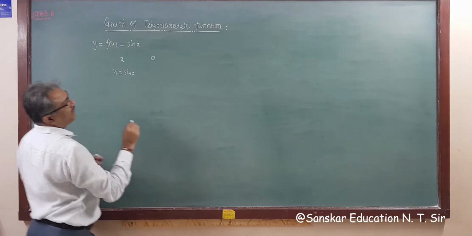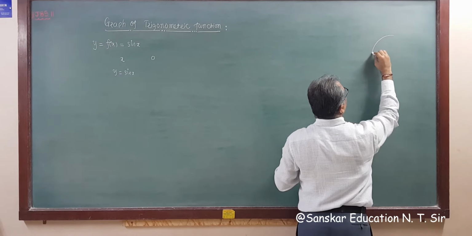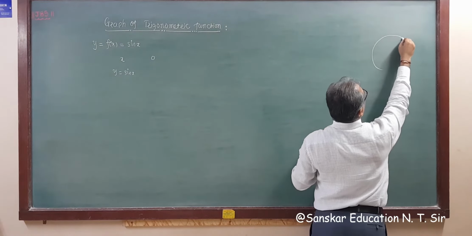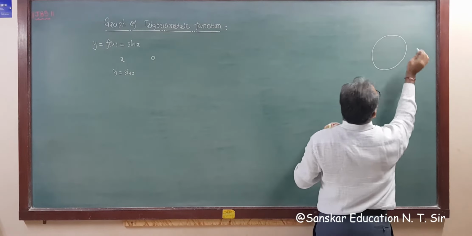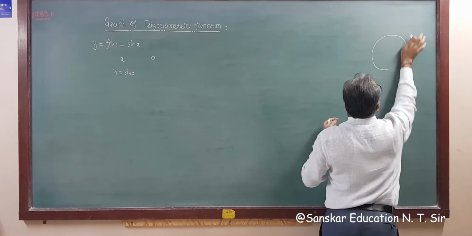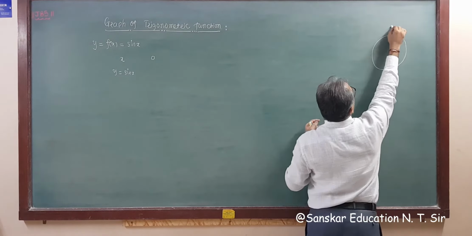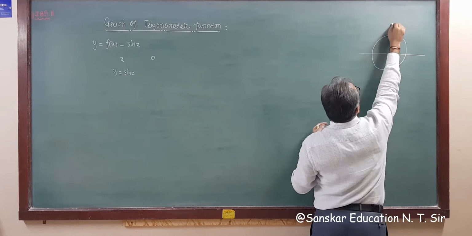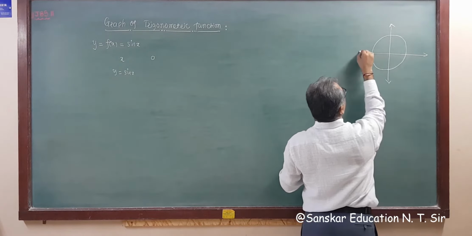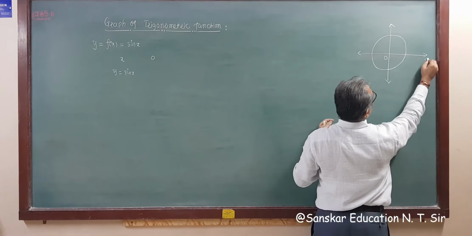So if we draw a unit circle here, I'm drawing a unit circle. Okay, this does not look like a unit circle. This is a unit circle. This you know, right? This is the origin as usual. This is the x-axis.